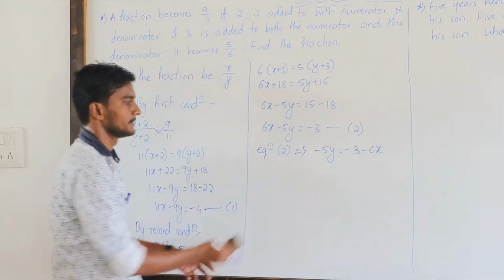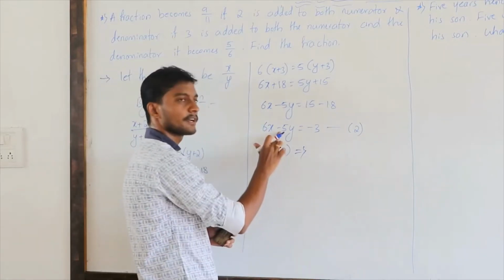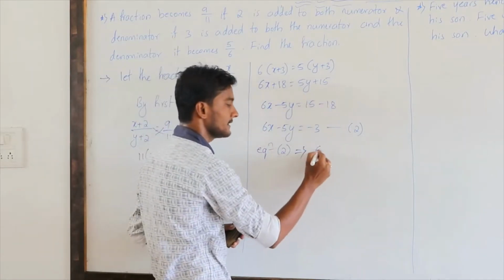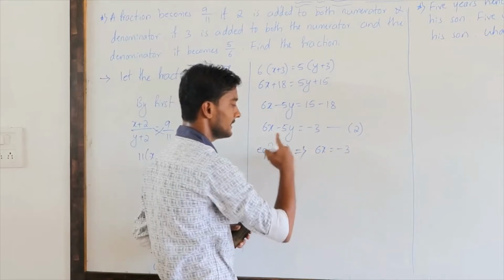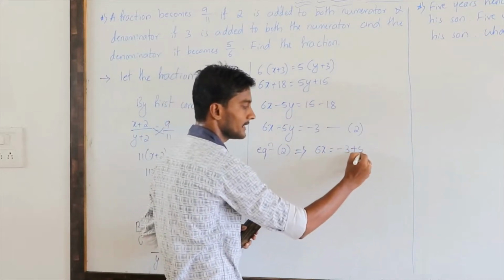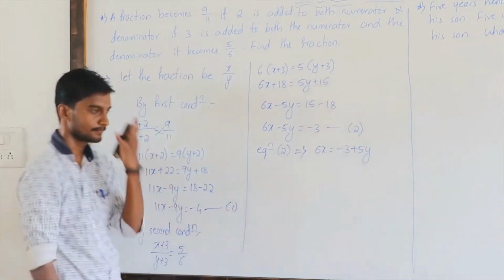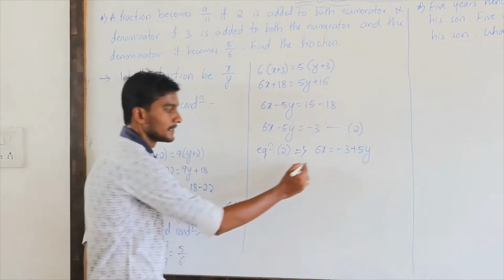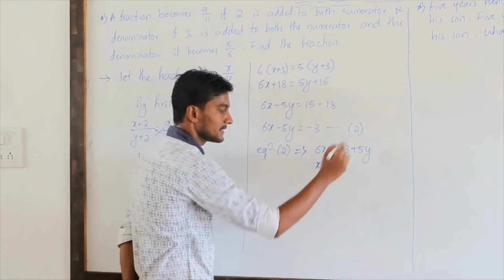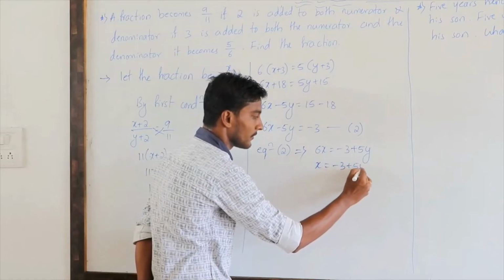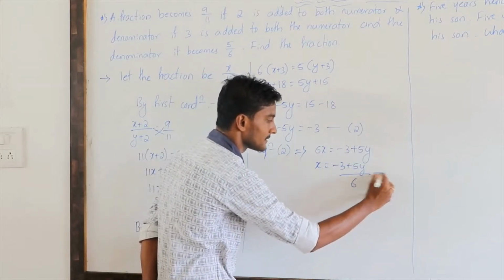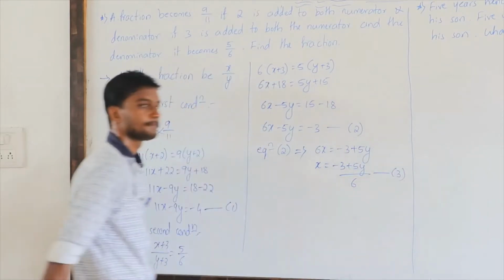Or do one thing: here minus 5y is there, take this to the other side, 6x keep as it is, minus 3, and minus 5y taken to that side becomes plus 5y. So x is equal to, taking this 6 to that side, minus 3 plus 5y divided by 6. Take it as equation number 3.